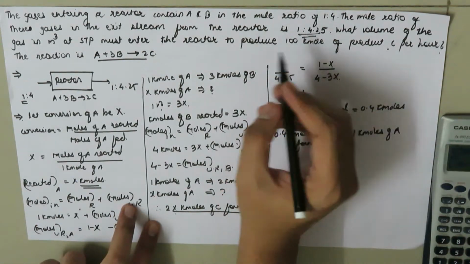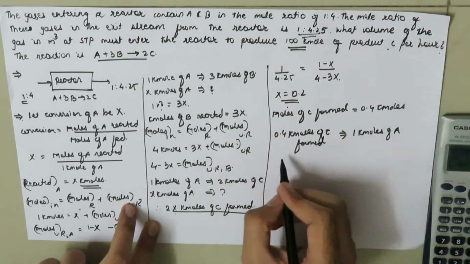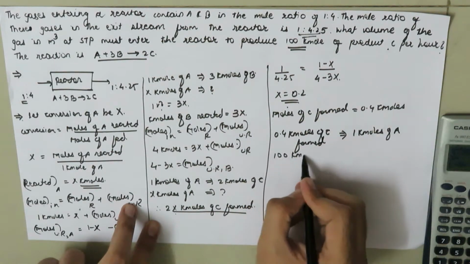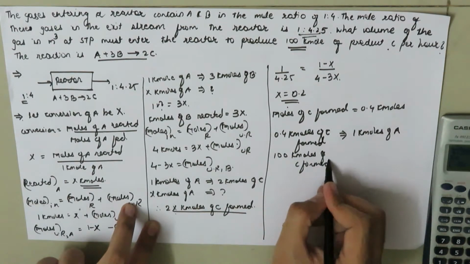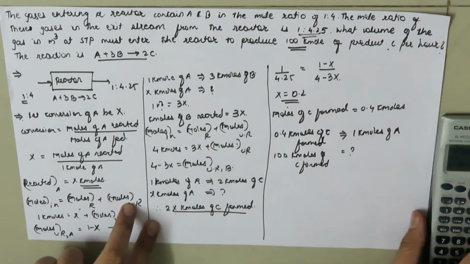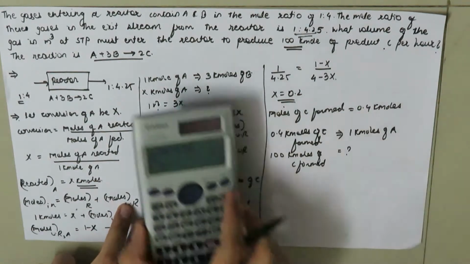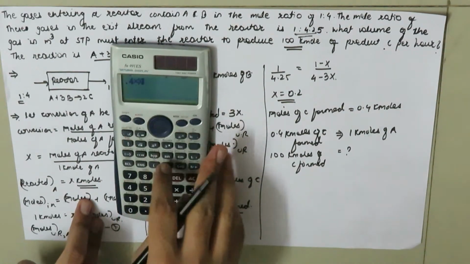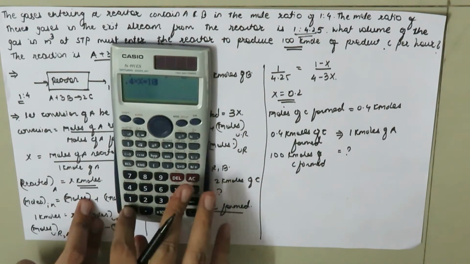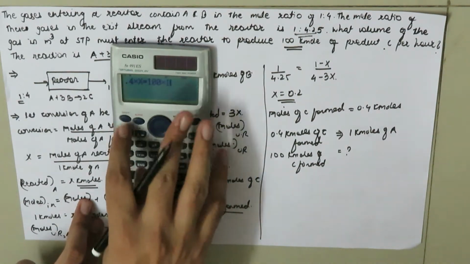Now they have asked for 100 kmoles, so when 100 kmoles of C is formed, how many kmoles of A are fed? This can be written as 0.4 into X equal to 100 into 1.